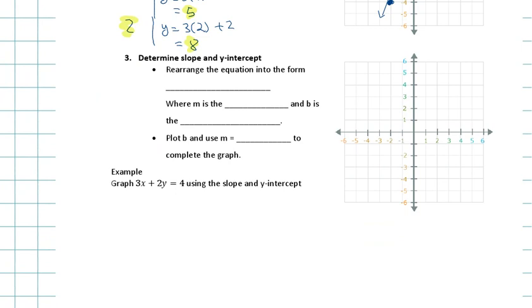So the first thing you want to do is rearrange the equation into the form y equals mx plus b. If your equation is not in that format, you can't use this method. Where m is, what did we say m is? M is the slope, and b is the y-intercept. Good.